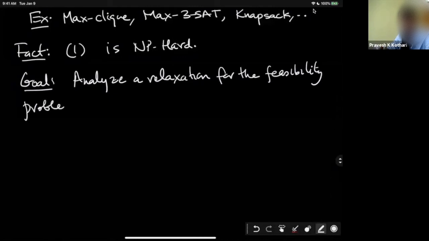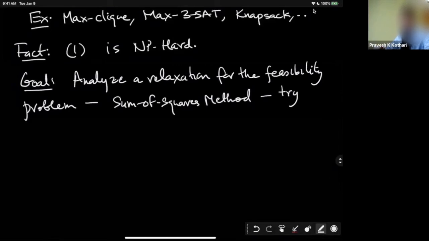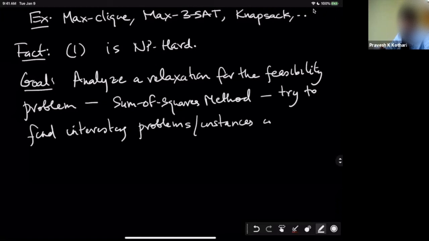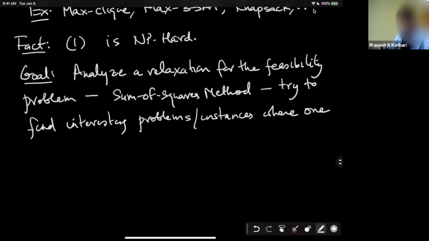This relaxation is, in fact, the sum of squares method. And we try to find interesting situations where it's going to give us good guarantees, whether by solving the problems approximately or things like that. So, try to find interesting situations where we can get efficient algorithms.